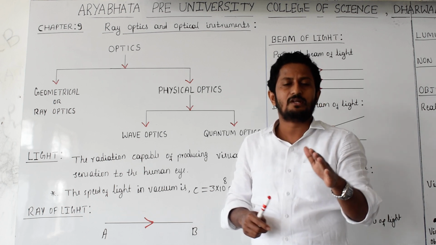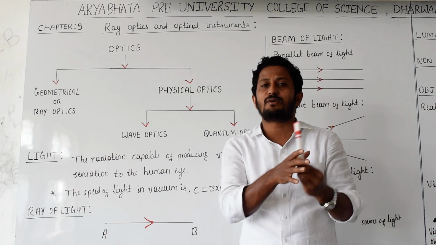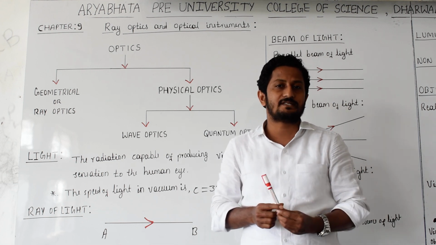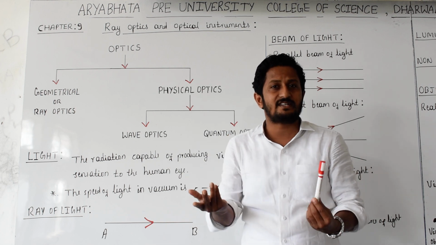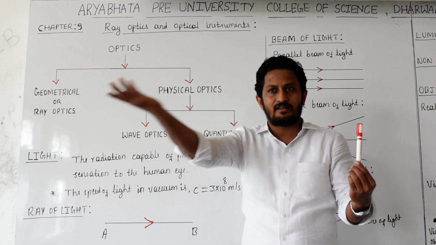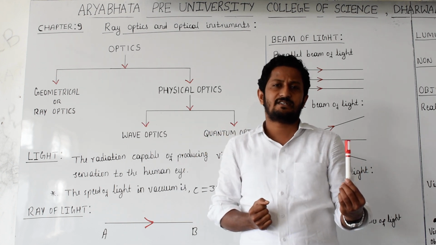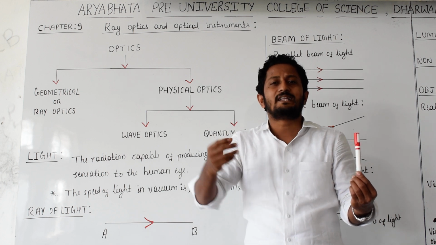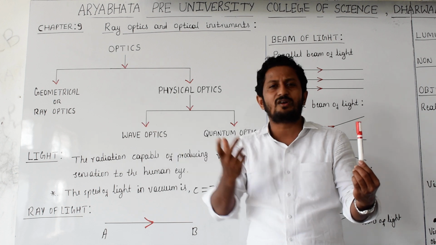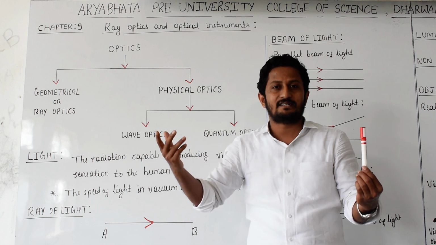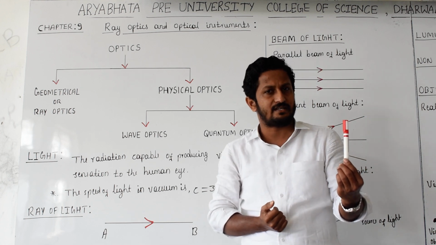Have you understood? So that's why during night time we are unable to see those objects. During night time, after sunset, around us there will not be sunlight, there will not be that light energy. After sunset we will not receive light rays, so light rays are not falling on the object.